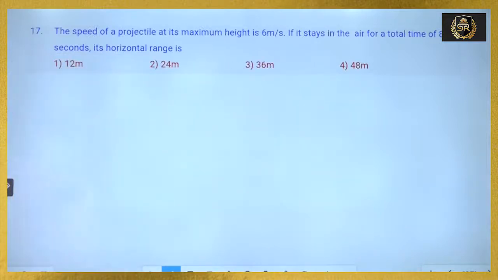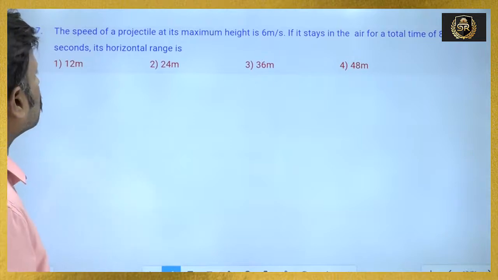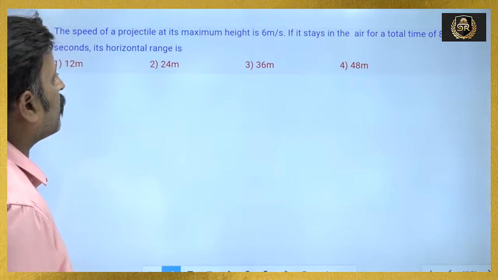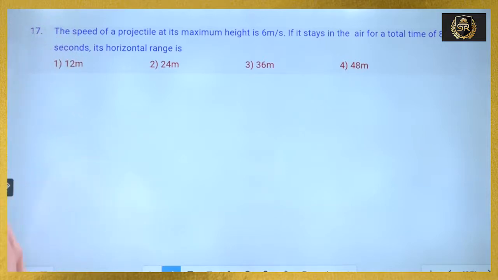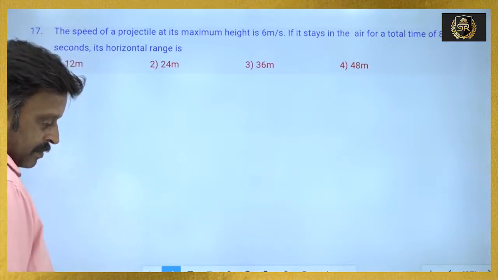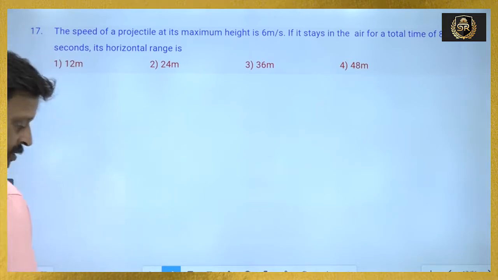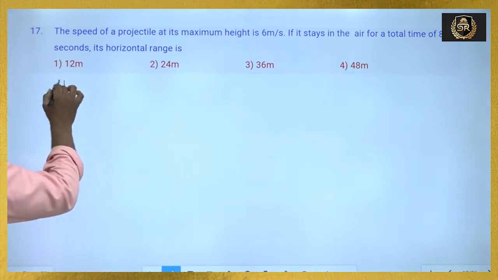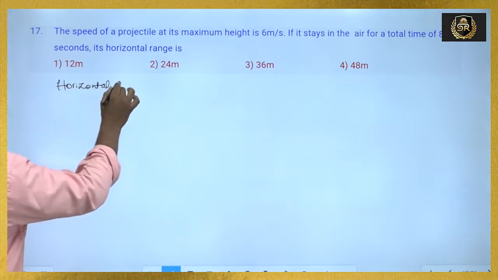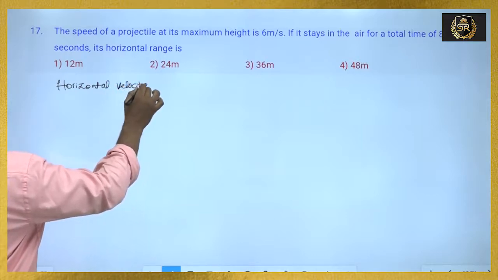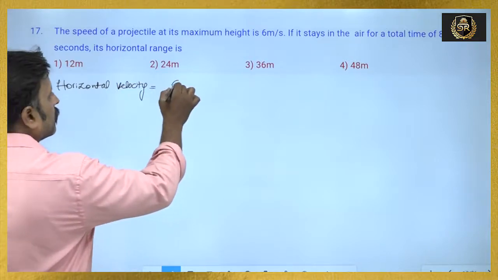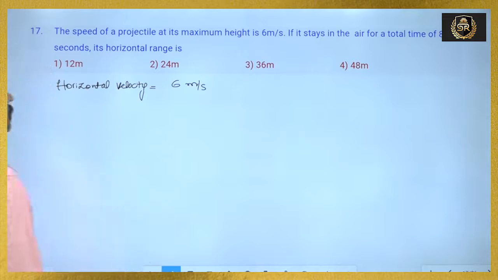This is question number 17. The speed of a projectile at its maximum height is 6 meters per second. If it stays in air for a total time 8 seconds, find the horizontal range. Given horizontal velocity, how much it is given? 6 meter per second.